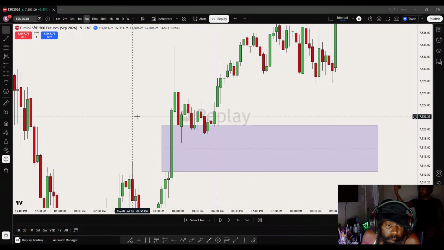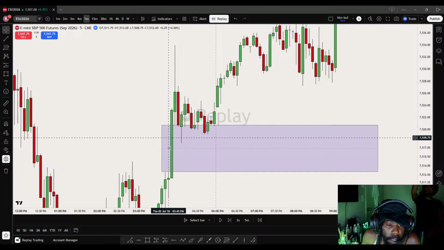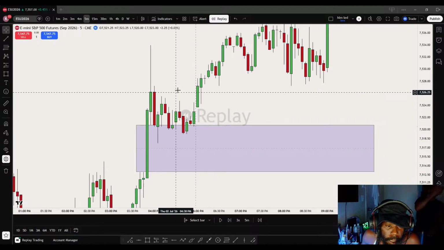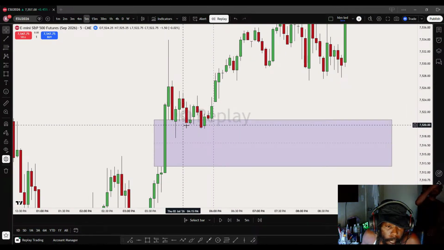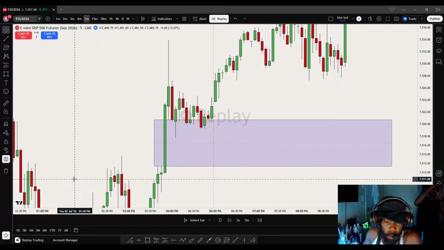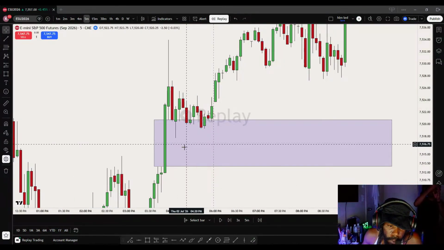So not only do you want to see the PD array be made, and then retest it, but if you notice, every time we draw a rectangle, it always looks like it's two halves of the rectangle.